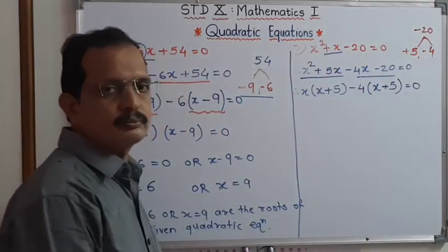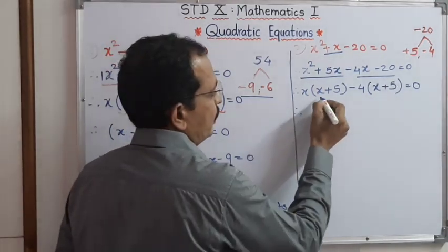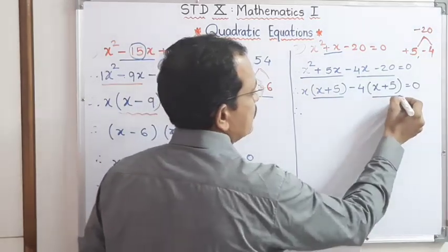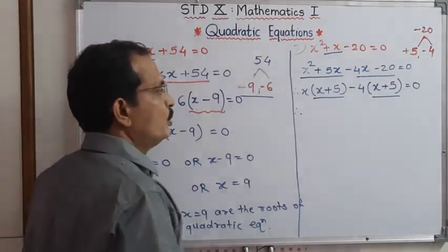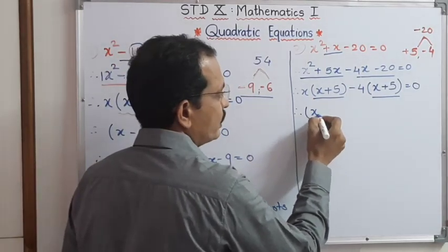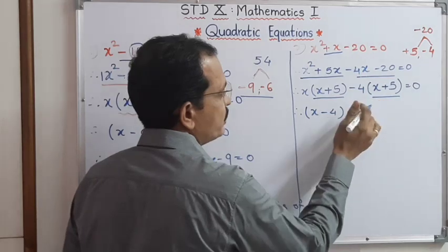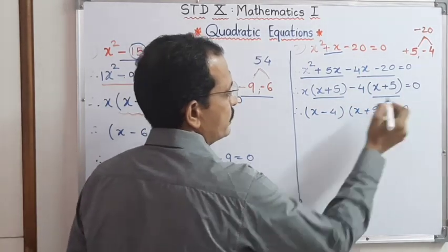Now see here, x plus 5, here it is x plus 5, both brackets are the same. Now we write the common bracket once, and the remaining terms in another bracket, equal to 0.